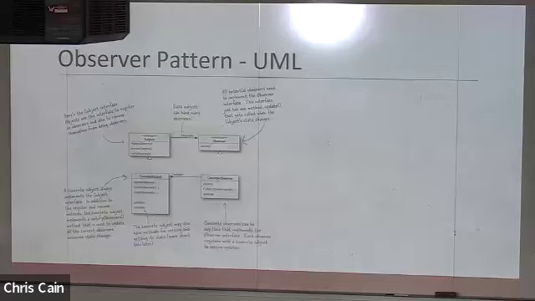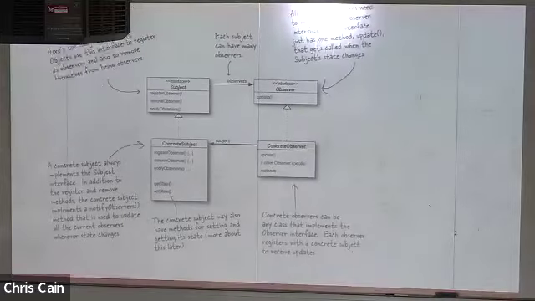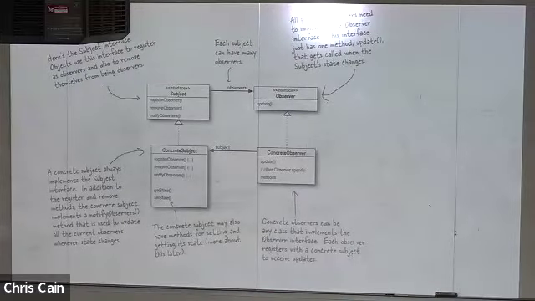So here is the UML for the observer pattern. We just have a subject and an observer. The subject is the publisher in this case.